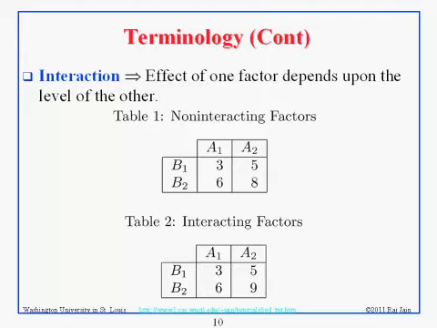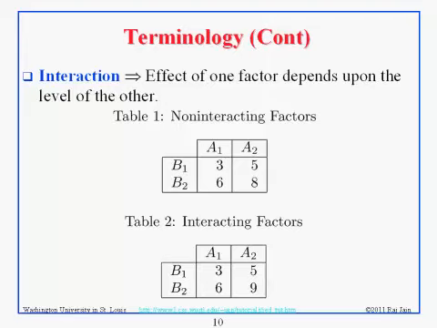However, let's think about this other system. In this system, we did the same 4 experiments and the performance came out 3, 5, 6, 9. So now the question is, what is the effect of factor A? Now let's see. It is 2 if it is B1, it is 3 if it is B2.